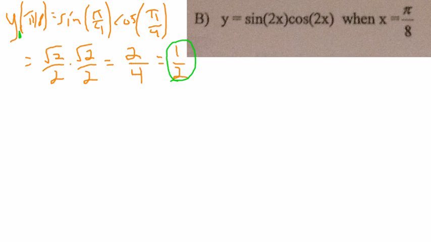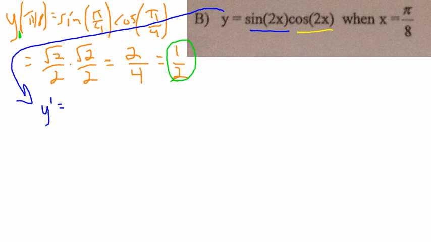Alright, next I need to derive that function. So I'm going to take this and derive it. So y prime is equal to, I have to use product rule and chain rule in here. I'll show it out a little bit more than I did in the PDF. This will be the first, and this will be the second function.